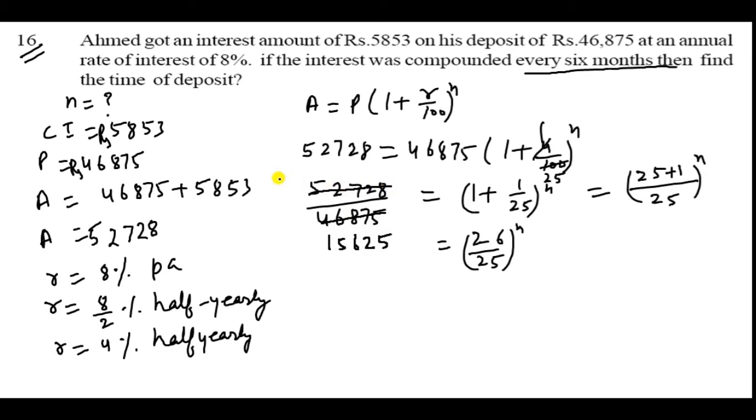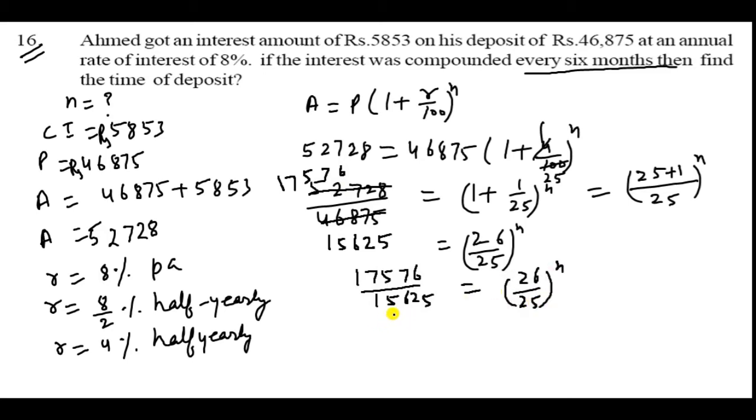So 3 1 ja 3, 3 5 ja 15, and 3 6 ja 18, and 3 2 ja 6, and 3 5 ja 15. So once again here, 3 1 ja 3, and 3 7 ja 21, and 3 5 ja 15, and 3 7 ja 21, and 3 6 ja 18.